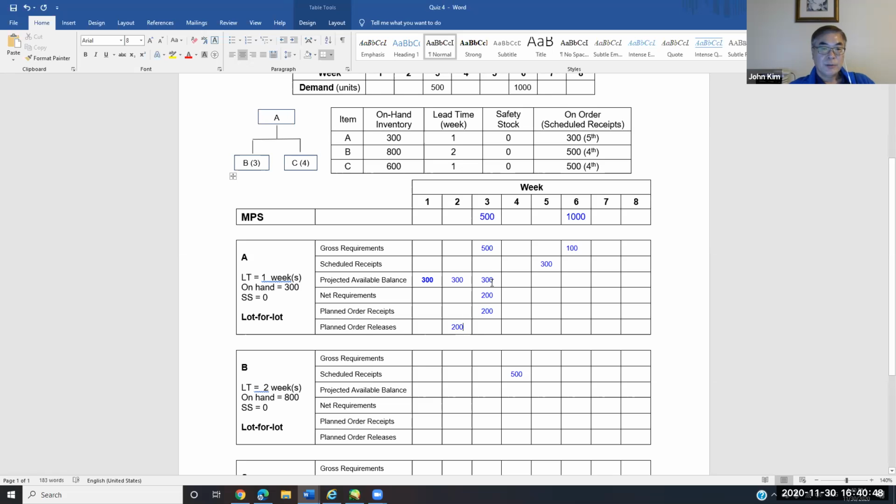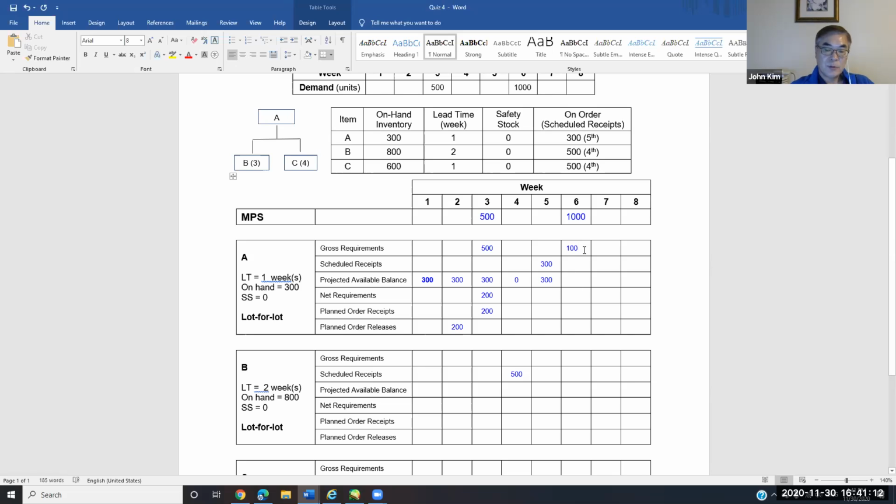300 on hand, receive 200 net requirement. So total is now 500, require 500. So 0 inventory after that point. Receive 300, so projected available balance is 300.